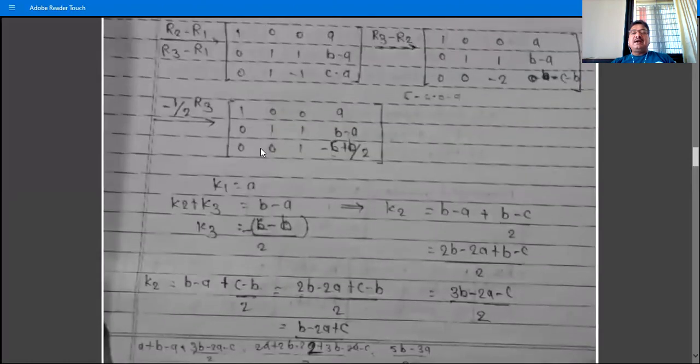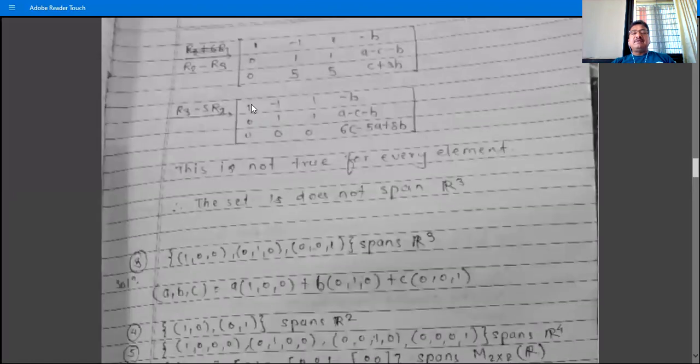Or, after rewriting the equations, if you observe the previous example, what do we have? We have the first equation as K1 minus K2 plus K3 is equal to minus B, K2 plus K3 is equal to A minus C minus B, and the last equation is 0 is equal to 6C minus 5A plus 8B.